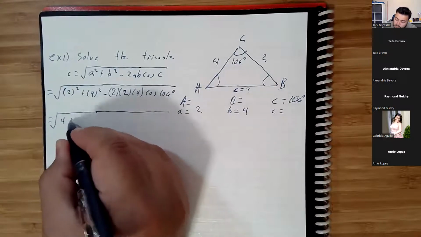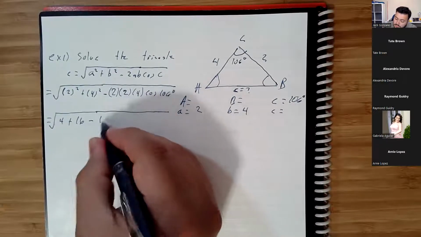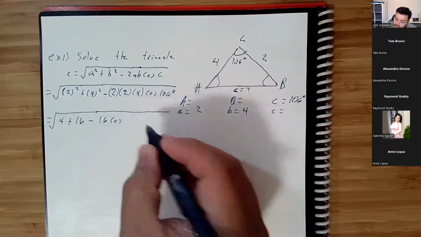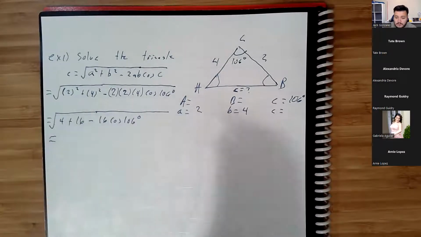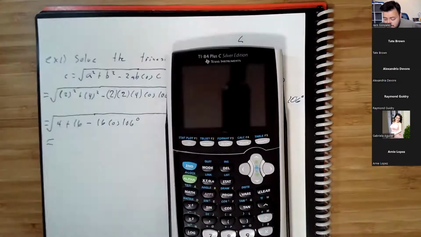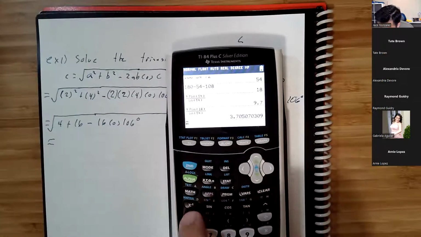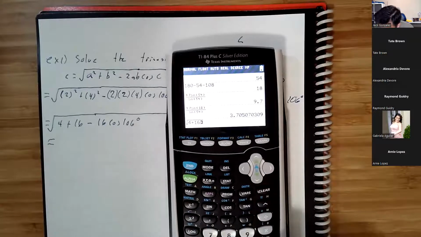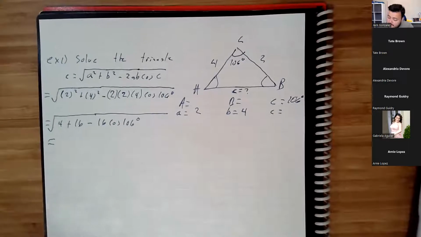So it'd be 4 plus 16 minus 2 times 2 times 4, that's 16, cosine 106. That looks a little better, but either way, I got to do calculator. You could do that right away if you want. There's no reason to do this in-between step. It's just a little easier to plug in. Four plus 16 minus 16 times cosine 106. Okay. So I got 4.94 for this missing side here.